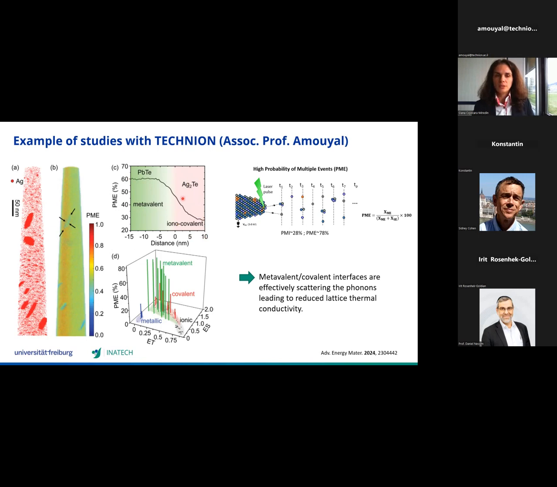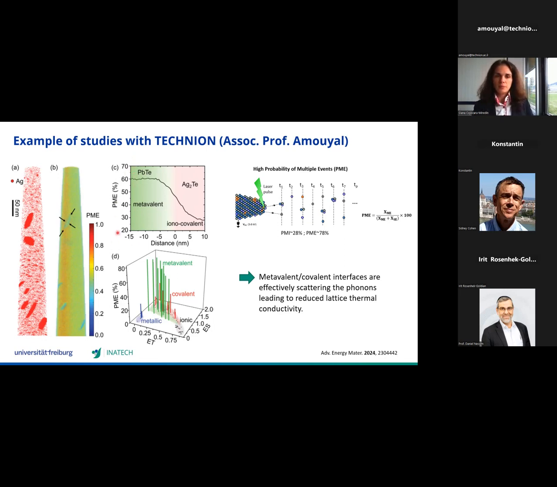We see nicely in the 3D PME map the matrix, which is the lead telluride, and the silver telluride precipitates, which are a covalently bonded system and appear here like a dark bluish. So we have a transition from high PME to low PME, from metavalent bonding to covalent bonding.